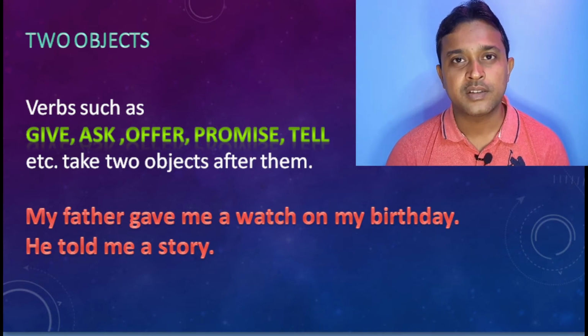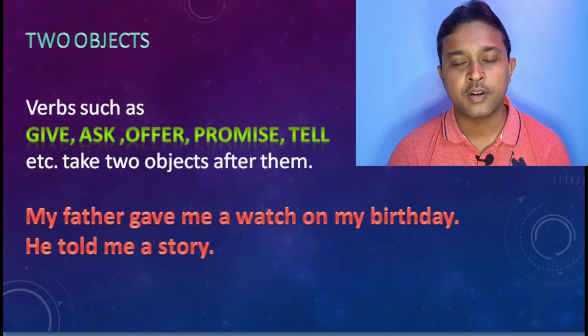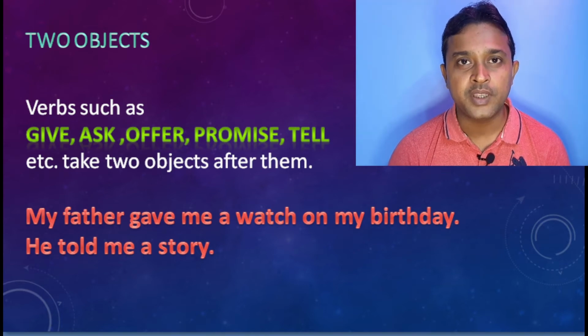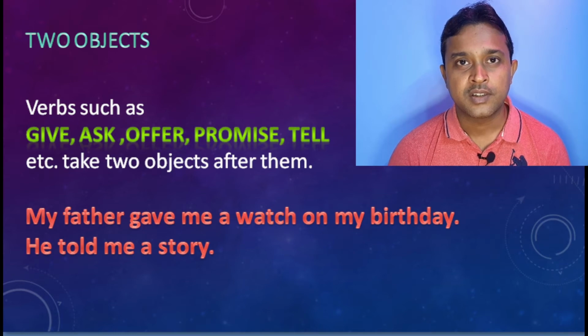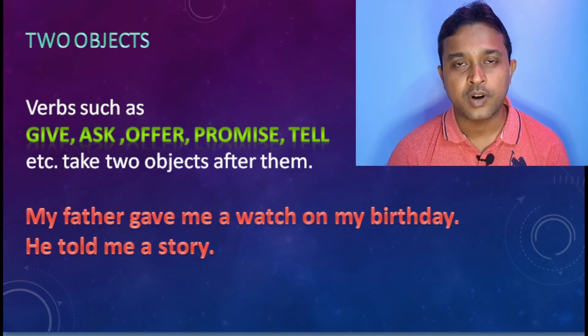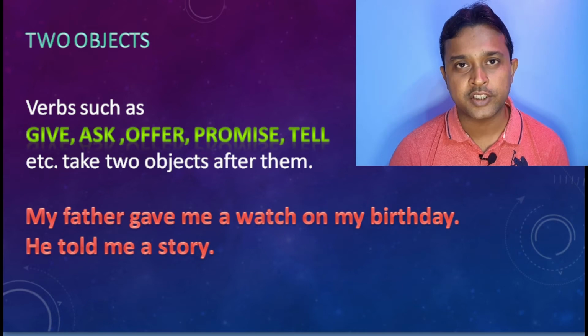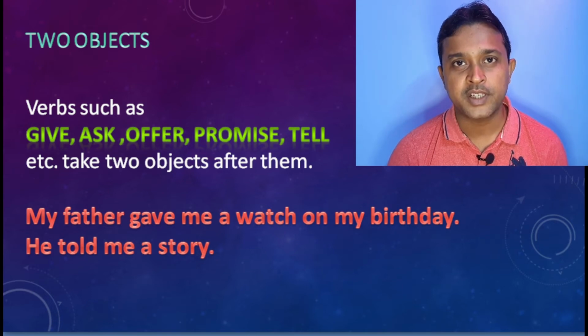My father gave me a watch on my birthday. Here, the verb gave is followed by me and a watch. These two objects receive the action from the subject, my father.